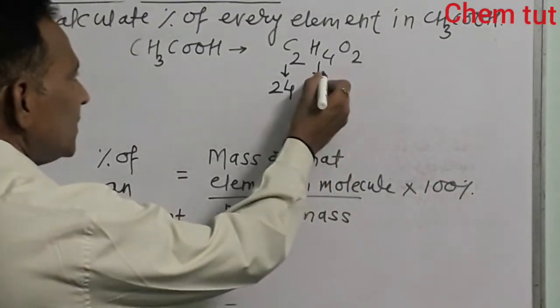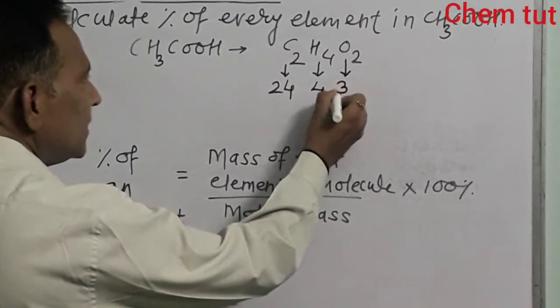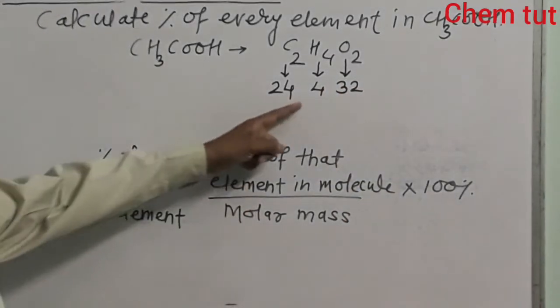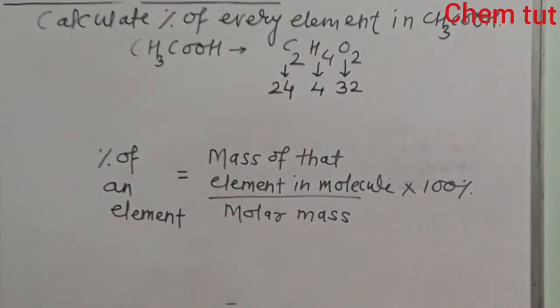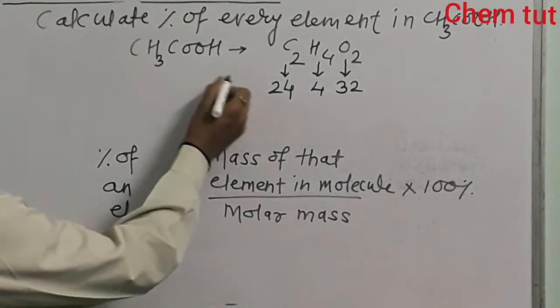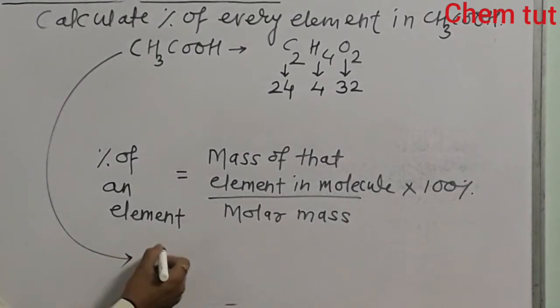Then 4 parts by weight of hydrogen is present. And 32 parts by weight of oxygen is present. So these are the parts by weight of every element, or mass of every element, we can say, in the molecule.